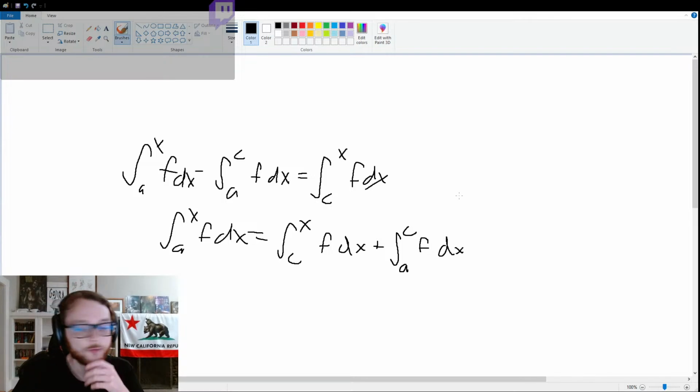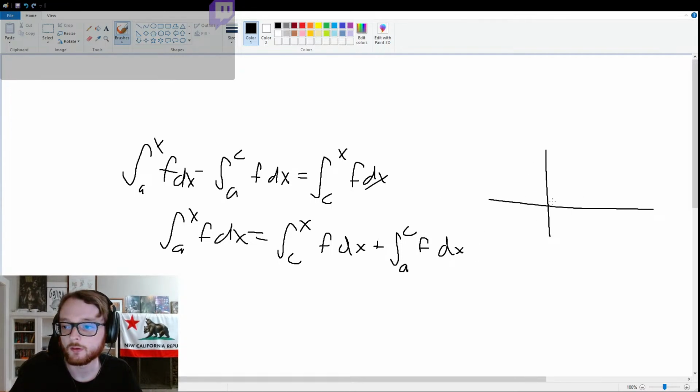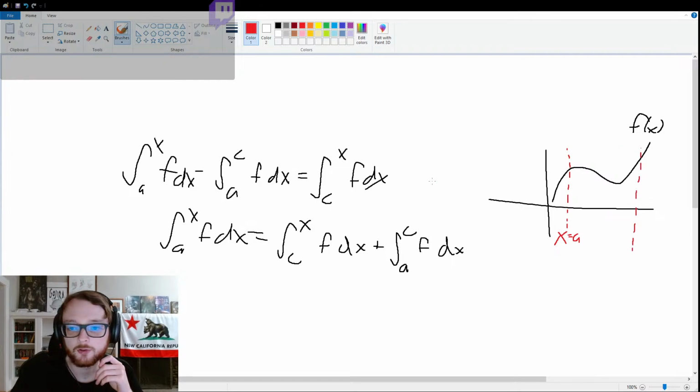Okay, so if you take any generic function f, and I'm going to arbitrarily say this is x equals a, and well, we use x as our upper bound here.